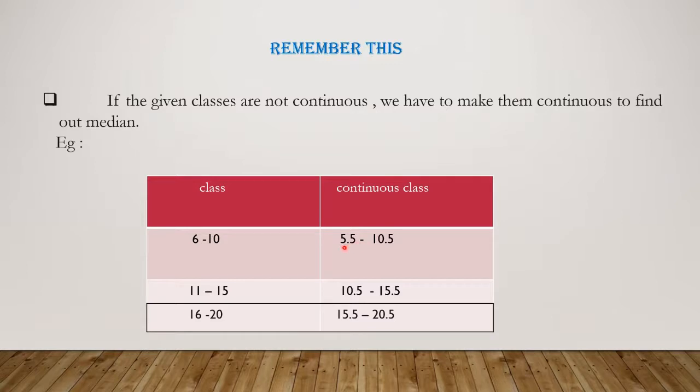How to convert them into continuous classes? Lower limit minus 0.5 and upper limit plus 0.5. Therefore, the first class becomes 5.5 to 10.5, the second class 10.5 to 15.5 and the third class 15.5 to 20.5.